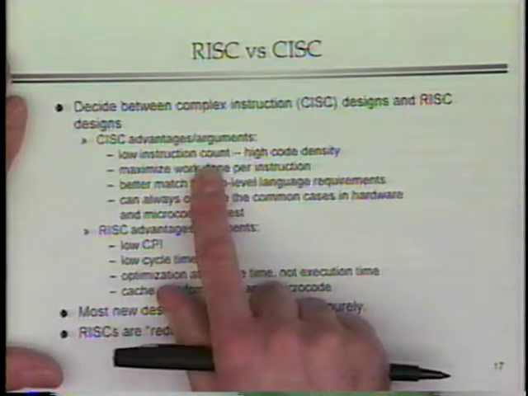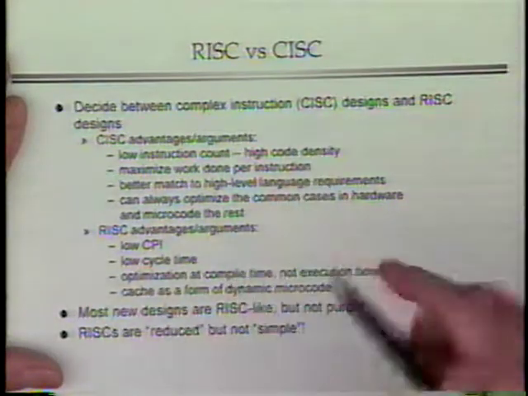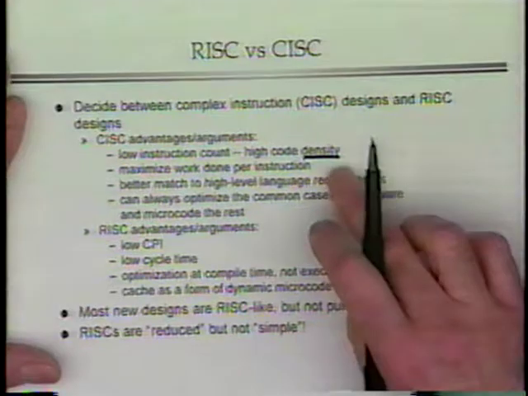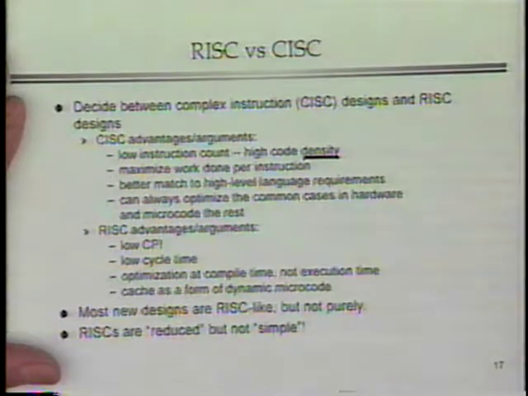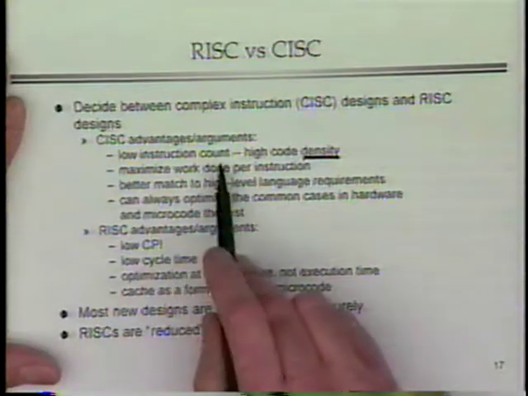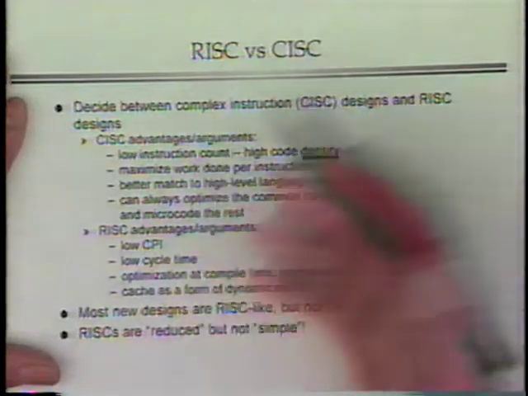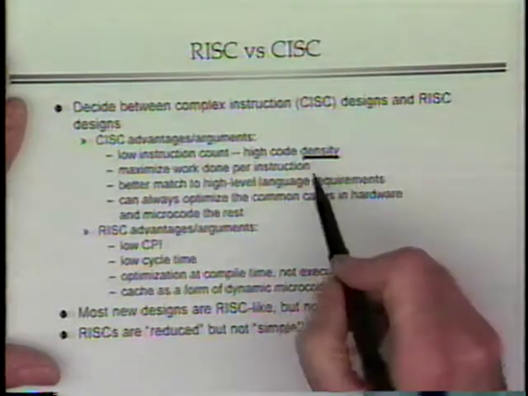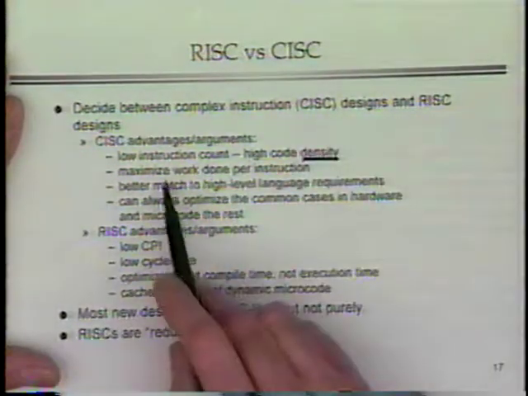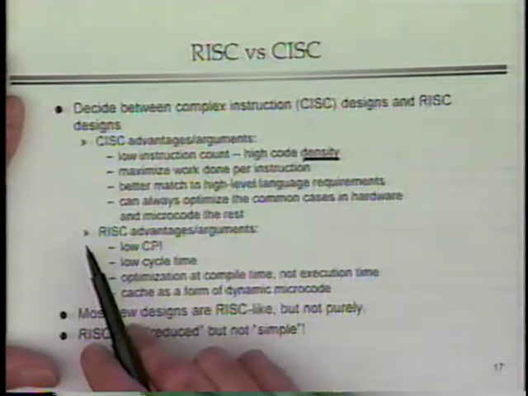Well, this is true, although the density of instruction sets insofar as the amount of memory space you have is no longer a consideration because memory is really cheap. There is an issue of low instruction count being useful in order to make the machine run faster because fewer instructions are fetched, but in modern machines we can get around that by using caches rather than implicitly reducing the number of instructions.